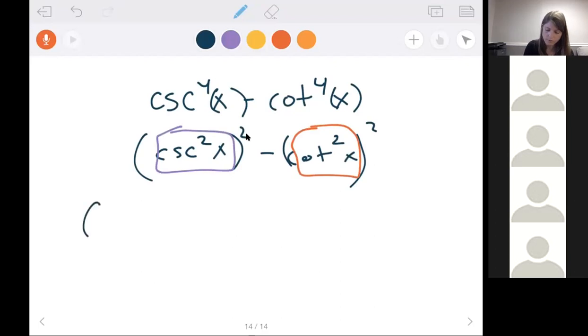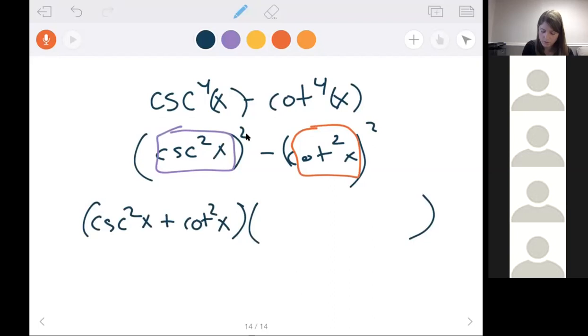So this becomes cosecant squared x plus cotangent squared x, and then cosecant squared x minus cotangent squared x. Okay, so this is the x squared minus y squared, x plus y, x minus y form.